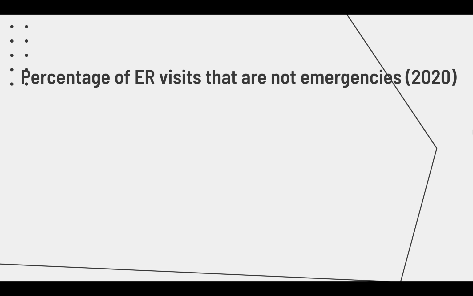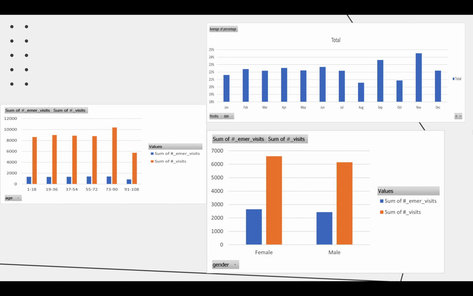So again, this is going to show the percentage of ER visits that are not emergencies. And this is for the year of 2020. The graphs here show, just as in 2019, the average percentage, which remember, January and February were our highest months. And just as stated previously, that dropped by nearly half here.